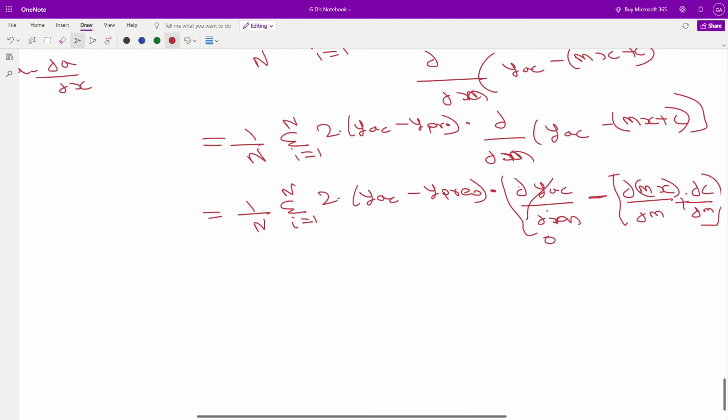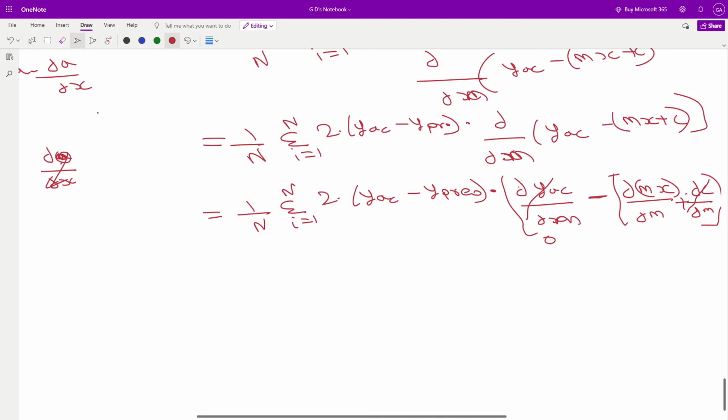Because whenever there is no m term in the equation, as in dA by dm, this becomes 0. Also this part becomes 0, because dc by dm, the derivative of a constant, is 0, since this part doesn't have any m term, but this part is having an m term.